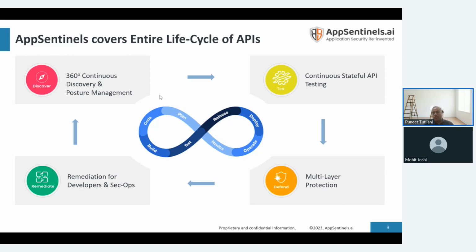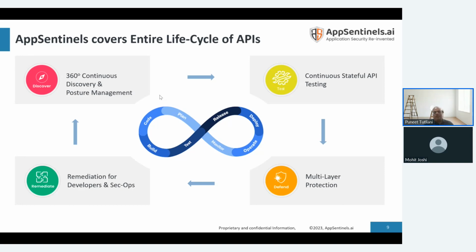This is one of the most important pillars because all the DAST solutions that exist today in the market can only do stateless testing of APIs. By testing APIs in a stateless fashion, you cannot achieve the right code coverage of certain APIs. On the contrary, AppSentinels does stateful testing, making sure all the right parameters are passed to each of the APIs to exercise certain workflows. So this is the second pillar.